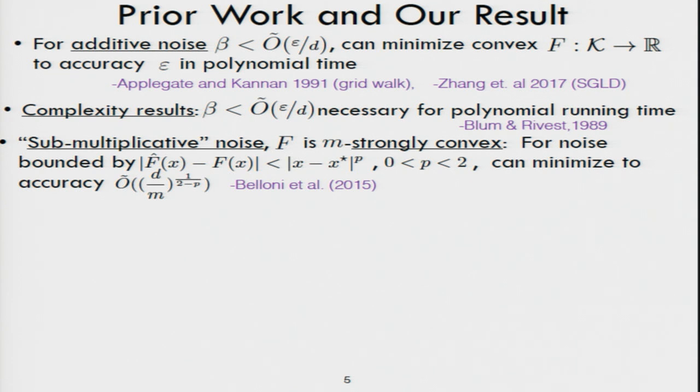Belloni et al. analyzed a version of the multiplicative noise case, for the special case where the convex function f is assumed to be strongly convex. In this case, they were able to show that you can get an approximate optimization of this function f under this version of multiplicative noise in polynomial time.